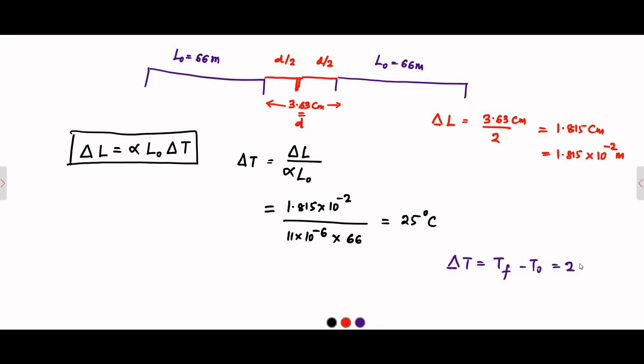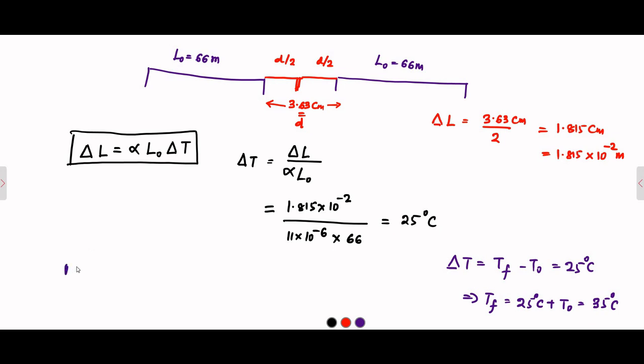So this is the change in temperature, delta T, which is final minus initial, equal to 25. But we have to calculate at what temperature they will meet. So we have to calculate Tf, the final temperature. So Tf is equal to 25 degrees Celsius plus the initial temperature. The initial temperature was 10 degrees Celsius. So 25 plus 10 is equal to 35 degrees Celsius.